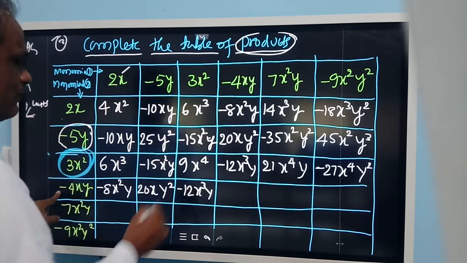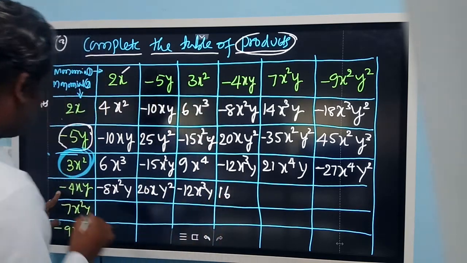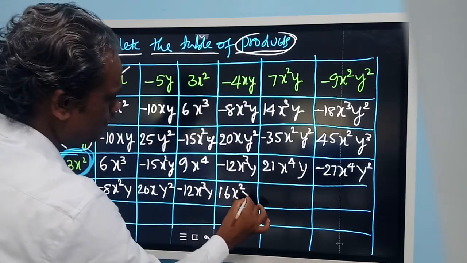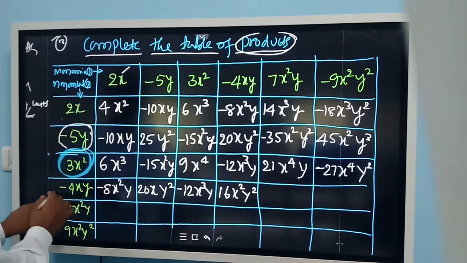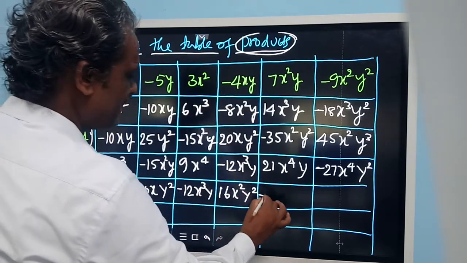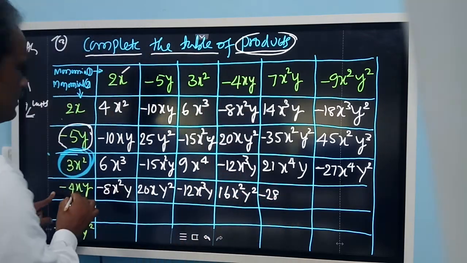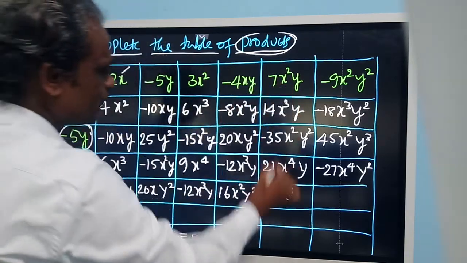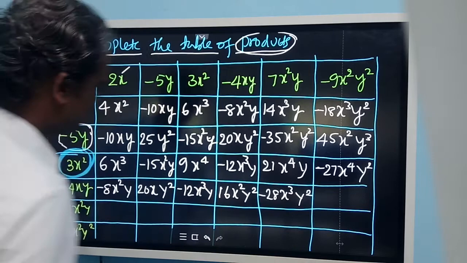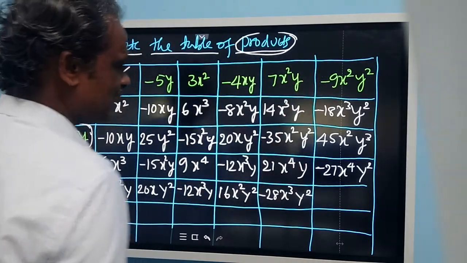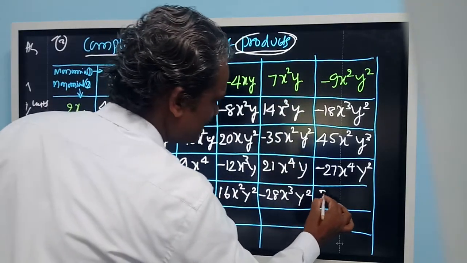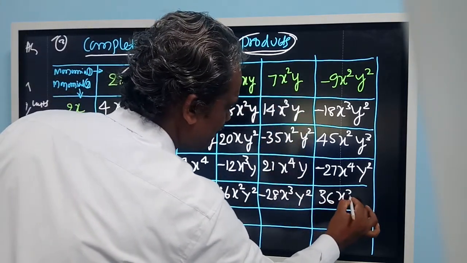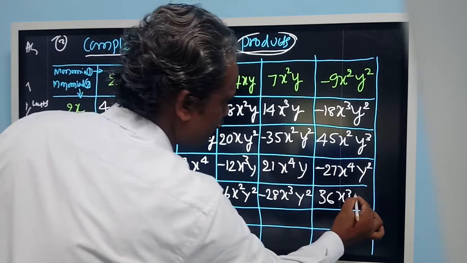Then minus 4 into minus 4, plus 16, x into x square, y into y square. Again minus 4 into 7, minus 28, x into x square, x cube, y into y square. Then minus 4 into minus 9, 9 4s are 36, plus 36, x into x square, x to the power 3, y into y square, y to the power 3.